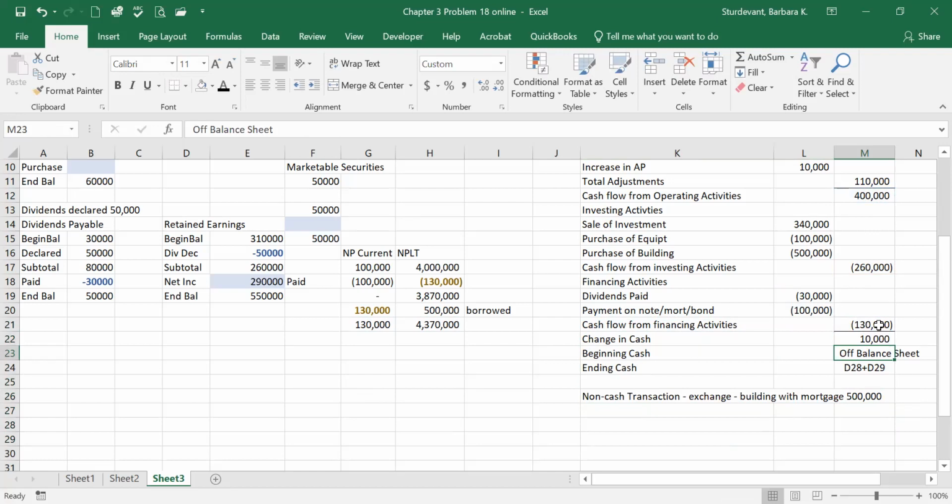Okay, so if I look, what was I supposed to get? Which change in cash? 10,000. So we got the right answer. It's nice when that works out. And no challenge though.